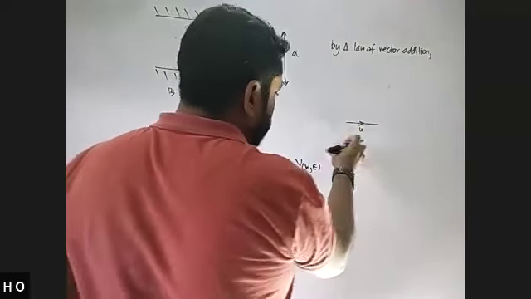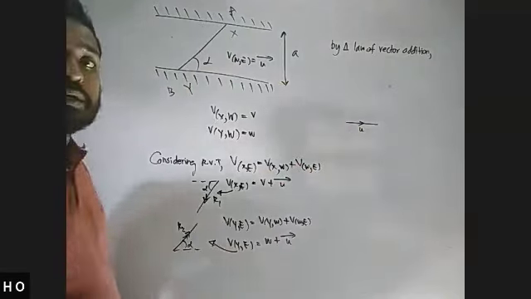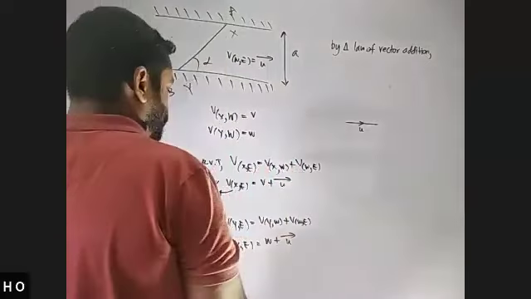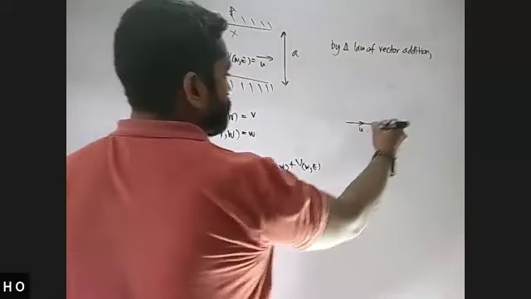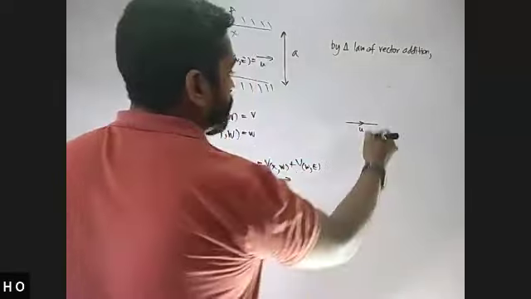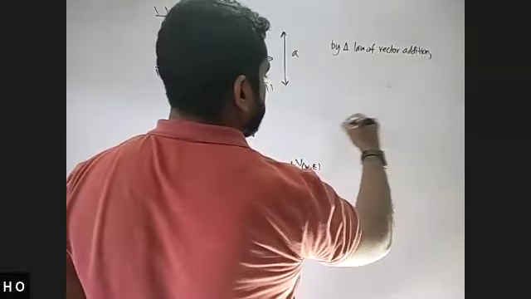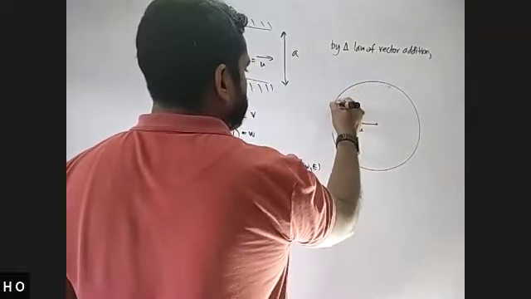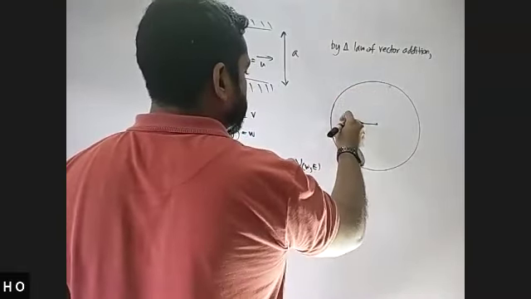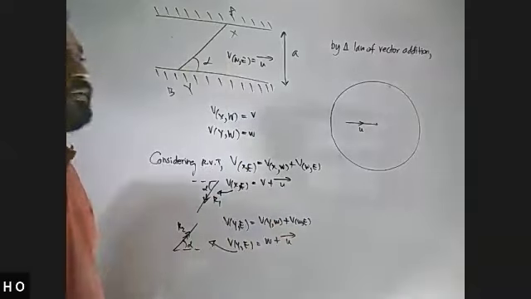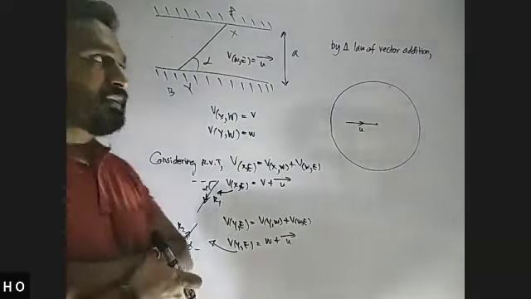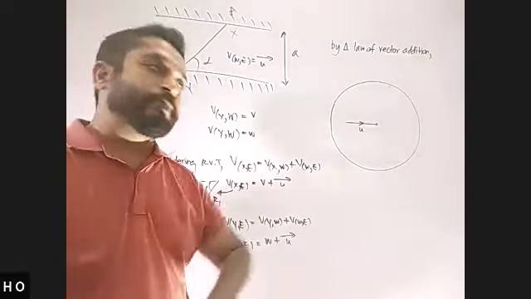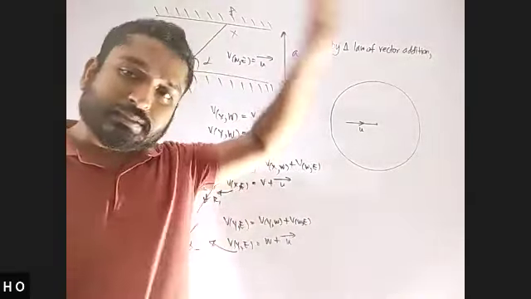For that, it is better to use a circle. When you go for U plus V, you are searching for V, and it is better to use a circle with radius V, because whatever the direction is, you have to go with that V. The circle is the locus of a varying point which is equidistant from a fixed point.